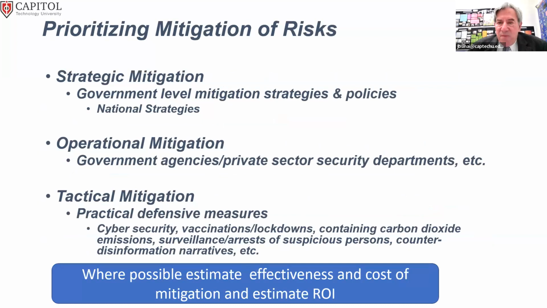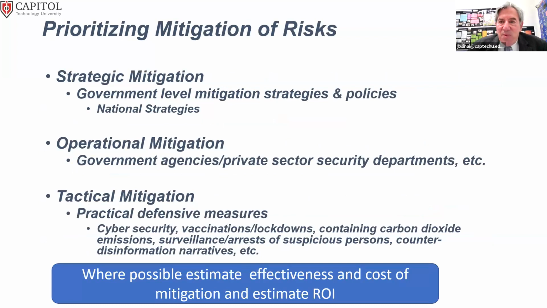There are 3 levels of risk mitigation. One, and actually this is something that I've sort of invented, there's the strategic mitigation, which is at the government level, which involves formulating strategies and policies, such as national strategies.